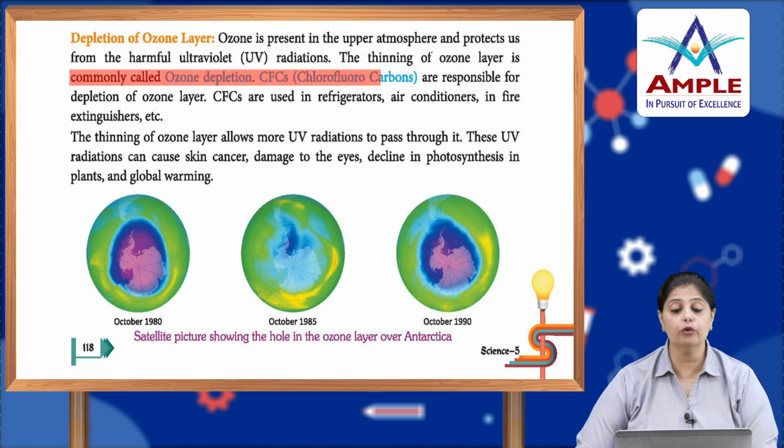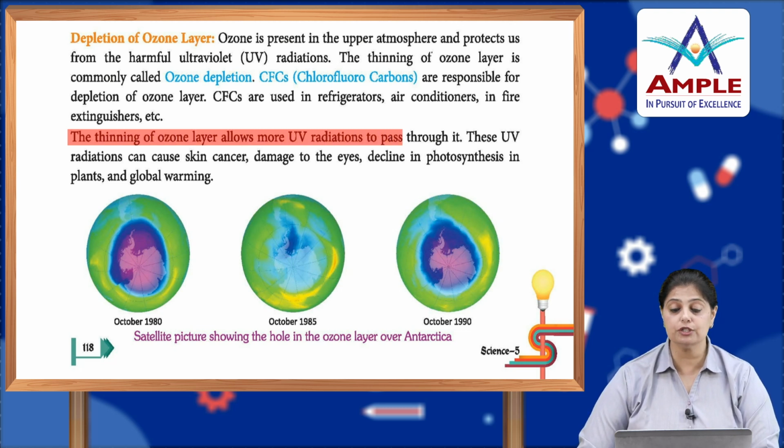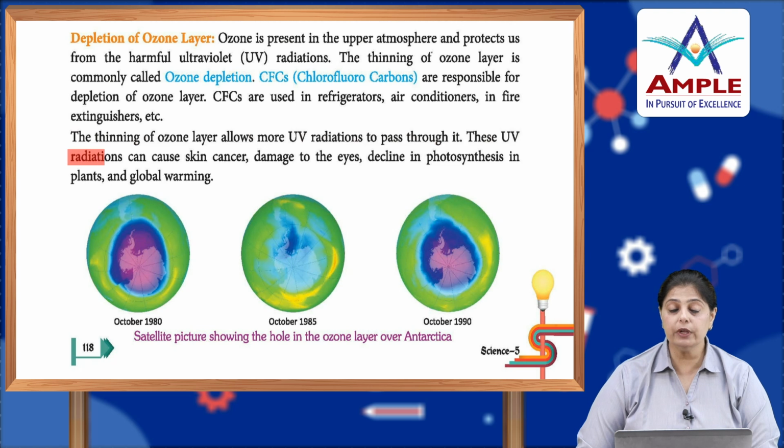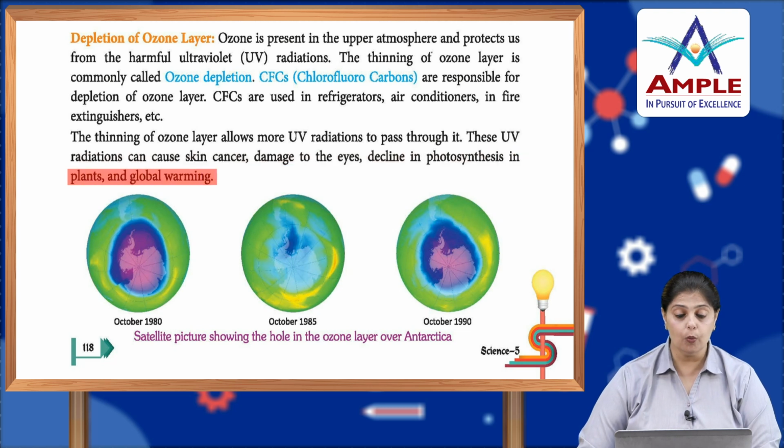CFCs, that is chlorofluorocarbons, are responsible for the depletion of the ozone layer. CFCs are used in refrigerators, air conditioners, fire extinguishers, etc. The thinning of the ozone layer allows more UV radiations to pass through it. These UV radiations can cause skin cancer, damage to the eyes, decline in photosynthesis in plants and global warming.